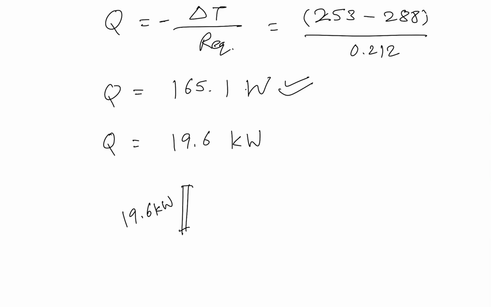But if we use two panes, then that power consumption reduces drastically, like 118 times, and it will come out to be 165.1 watts. So this is the practical solution for how to reduce our energy consumption. Just by using some additional material, we can reduce our energy consumption drastically.